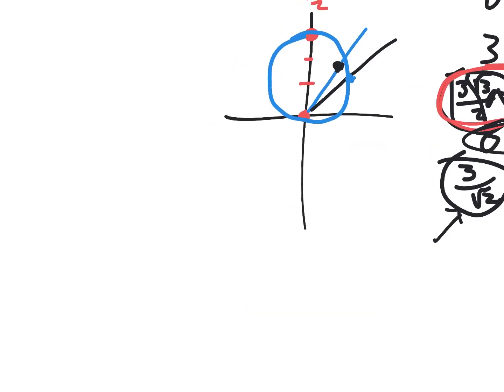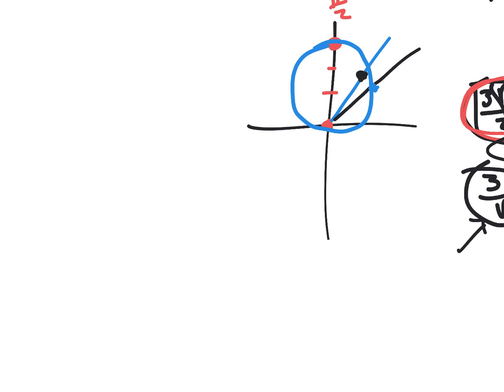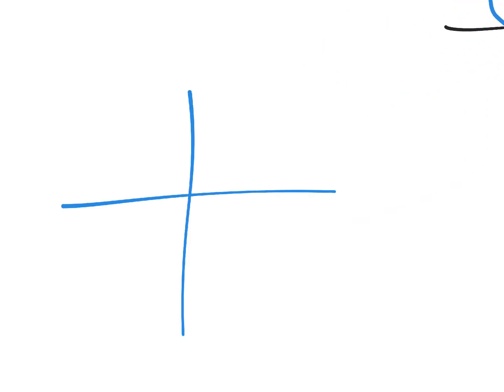So what else do we need to practice? Well, just plain old-fashioned changing polar to rectangular or back and forth. So if I said, here's a spot over 2 and up 1, would you agree that that is a rectangular point?